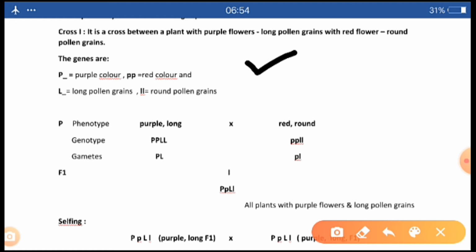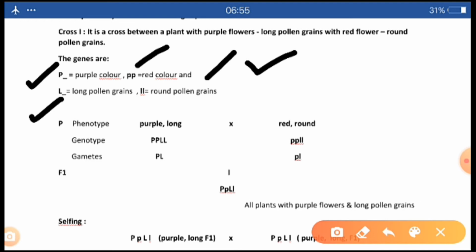These characters are the color of the flower and the shape of the pollen grains. Here the factors, or genes, are capital P for purple color and small p for red color. Similarly, for long pollen grains it was capital L, and for round pollen grains small l.